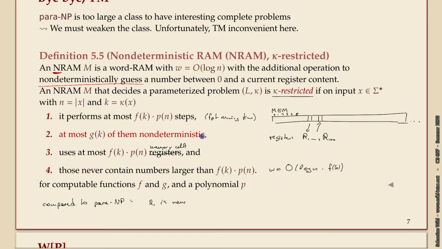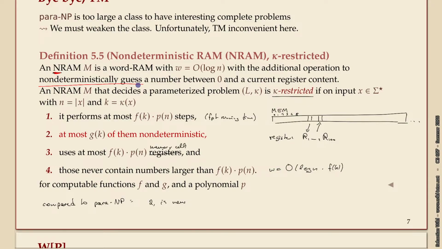Now you could have tried to do the same in a Turing machine, restrict how often it does a non-deterministic step. The problem there that makes this inconvenient is that in a Turing machine, the non-deterministic guesses are actually finite, they're bounded. For a given machine, there's a given number of states, and everything's finite and fixed, the alphabet symbol, the number of states, and all that. It cannot depend on the input size, and certainly also not on the parameter. So these non-deterministic steps would only choose among a constant number of different alternatives, fixed and constant.